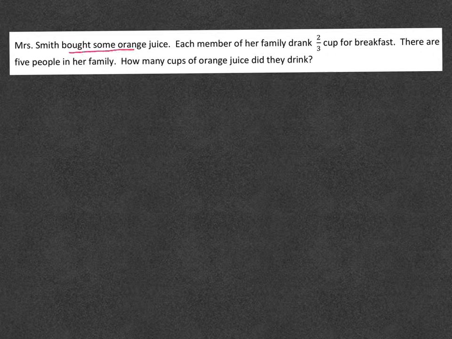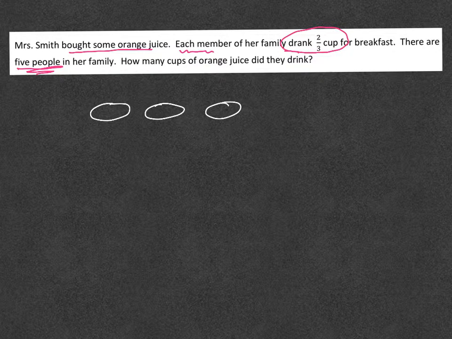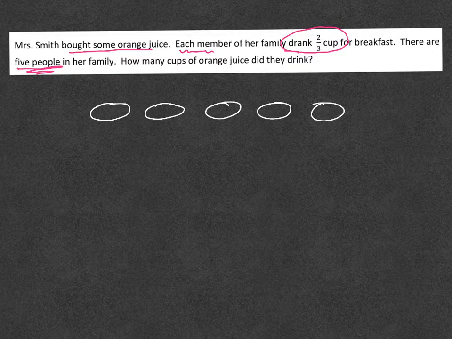they bought some orange juice. And each member drank 2/3 of a cup, all right? And there are 5 people in her family. So what I'm hearing is 5 groups of 2/3. We've got 5 of them, 5 people in the family. So if I actually drew cups and made 5, and how much did each make?